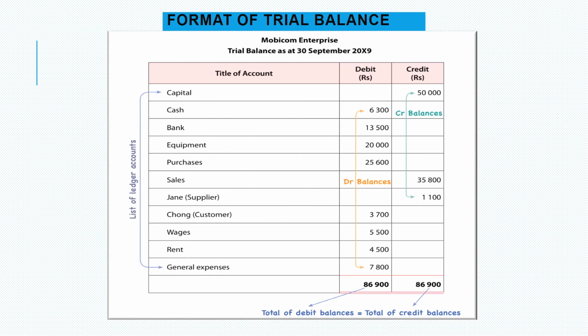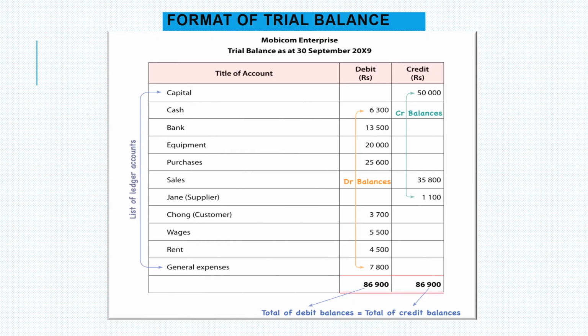If you add all the figures in the debit column, that is 6,300, 13,500, 20,000, 25,600, 3,700, 5,500, 4,500, 7,800, this will make the sum of 86,900 rupees.